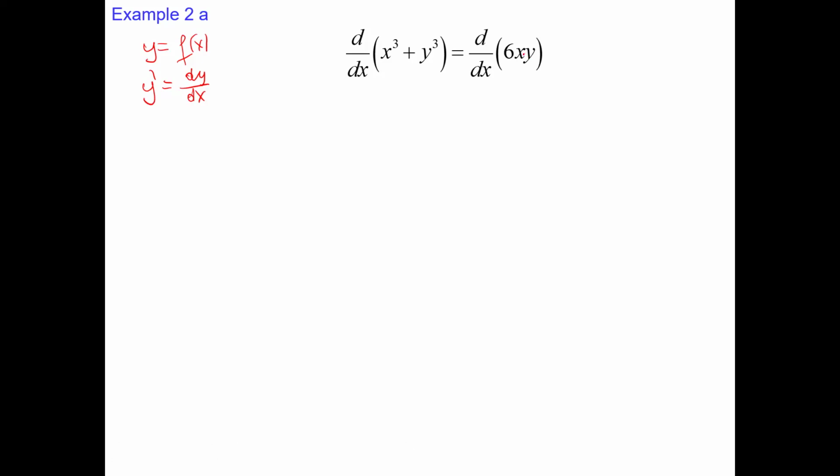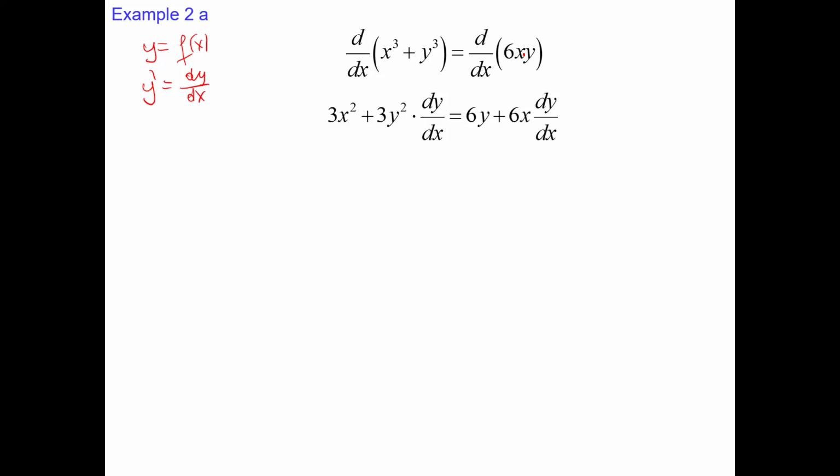Derivative of 6x is 6 times y plus 6x times derivative of y, which is dy/dx. So on the left, 3x squared plus 3y squared dy/dx, and on the right, 6y plus 6x dy/dx. Perfect. Really important, always remember: derivative of x is 1, derivative of y is dy/dx.